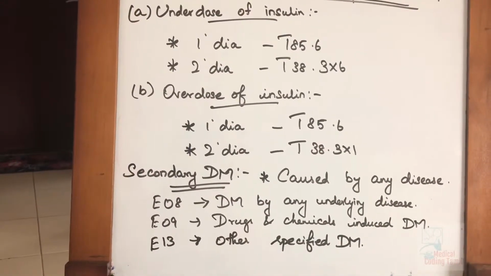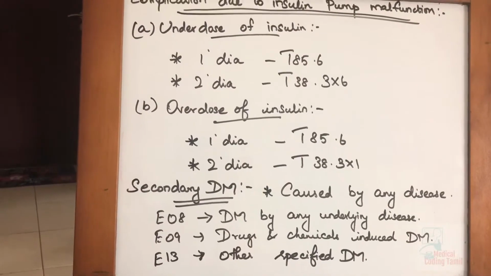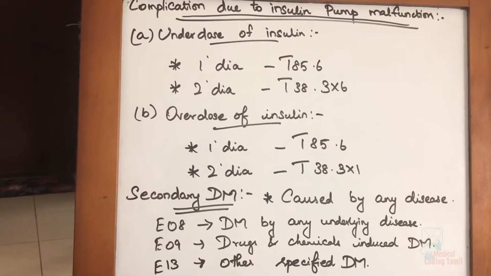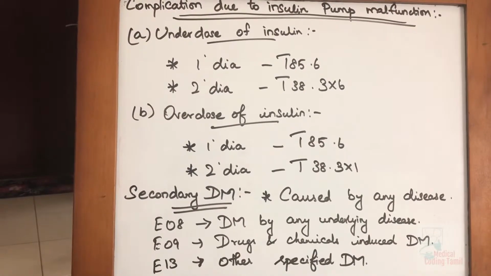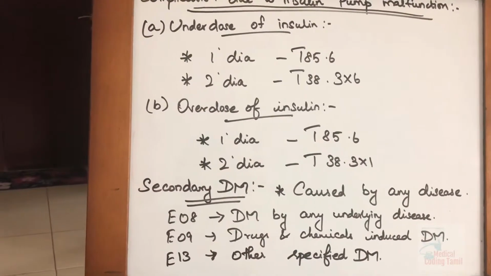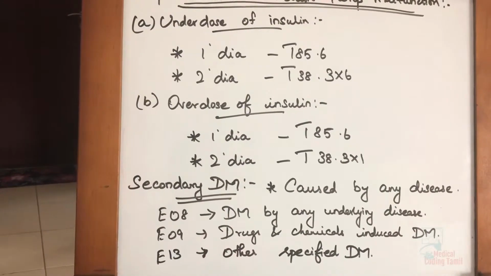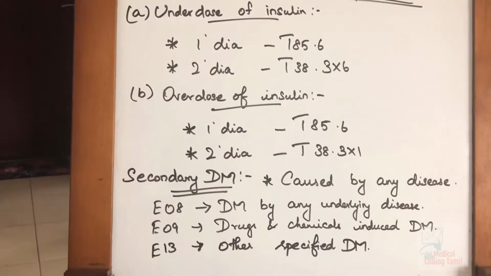And the secondary diagnosis is T38.3X6, underdosing of insulin and oral hypoglycemic anti-diabetic drugs. We have to give this code as a secondary diagnosis.